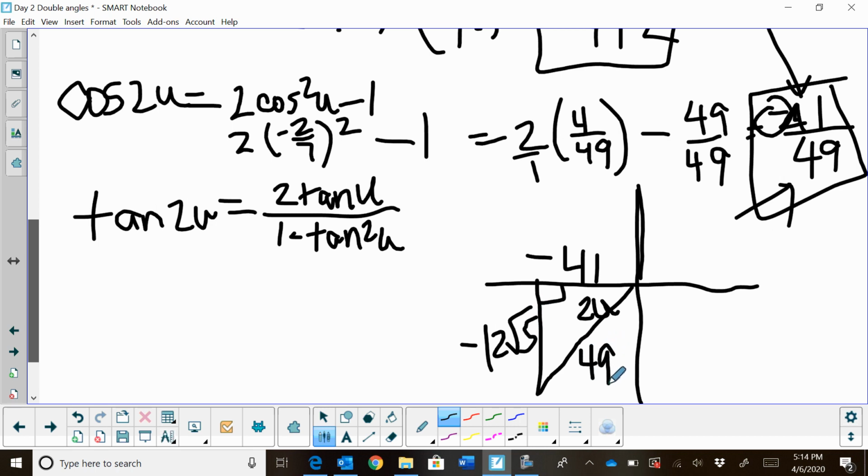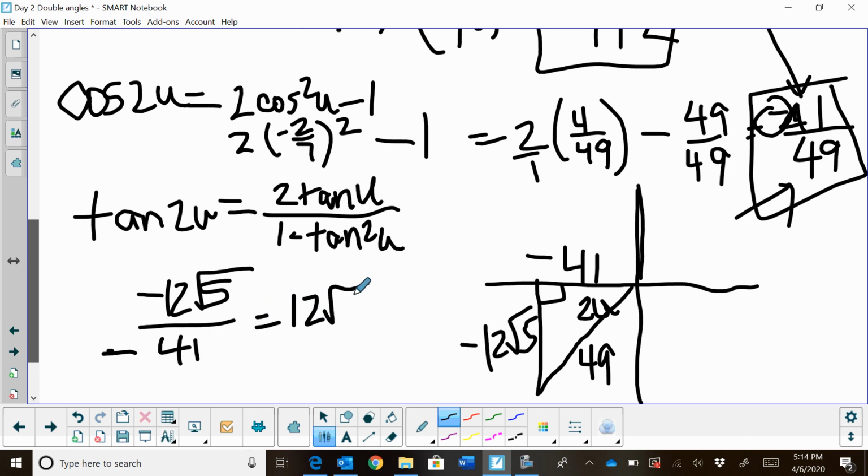So I can actually draw that triangle, and it makes my double angle for tangent easy because I'm just going to write sine over cosine. So -12 root 5 all over -41, which just becomes +12 root 5 all over 41.